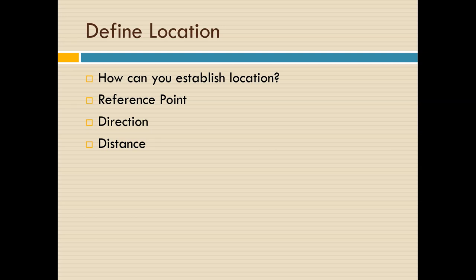Anyway, what I'm trying to get at is you need pieces of information, don't you? You need a reference point that you can measure from. You need a direction that you're going to measure from. And you need the distance. In lab number 1, what was our reference point? The motion sensor, okay?